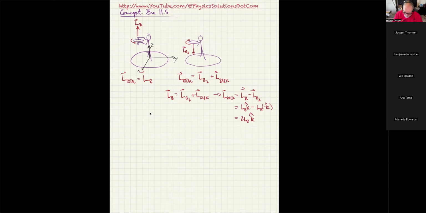So by rotating it the way the person did with the wheel, the angular momentum of the disk has to be in the positive direction, and that means the disk has to rotate this way.